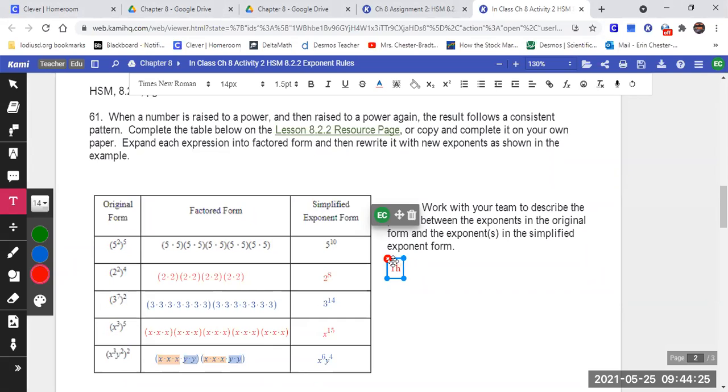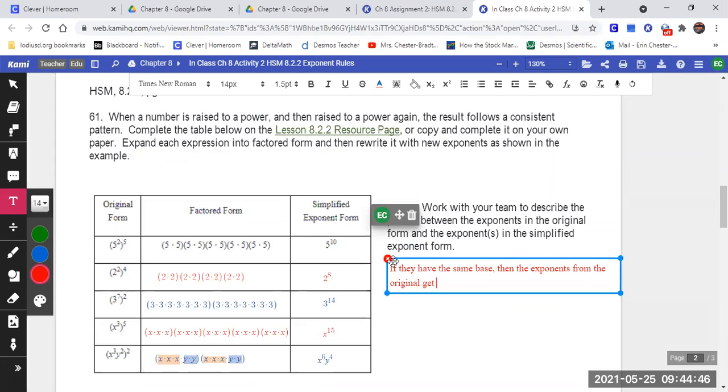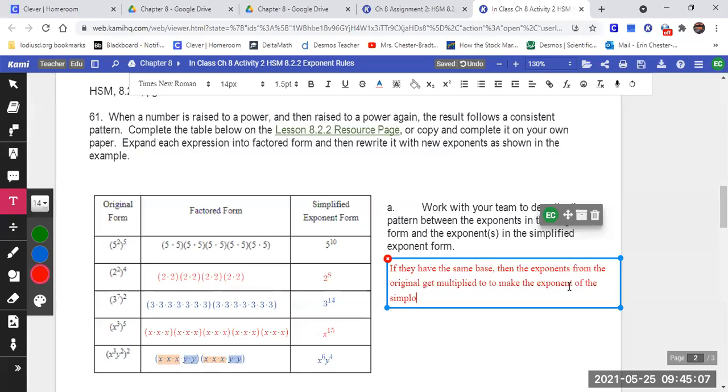So if they have the same base, then the exponents from the original get multiplied to make the exponent, can't spell, sorry, of the simplified form.